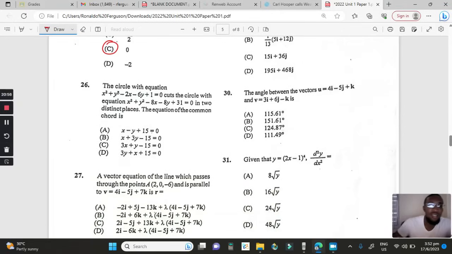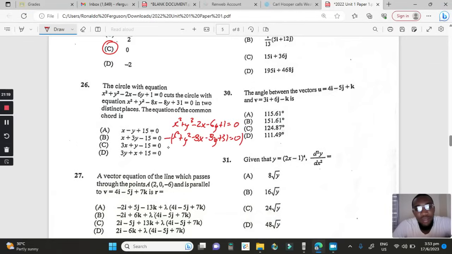Now 26 is also a repeat question, but I can't remember what the answer is, so we'll work it out. x squared plus y squared minus 2x minus 6y plus 1 equals 0. And we have x squared plus y squared minus 8x minus 8y plus 31 equals 0.